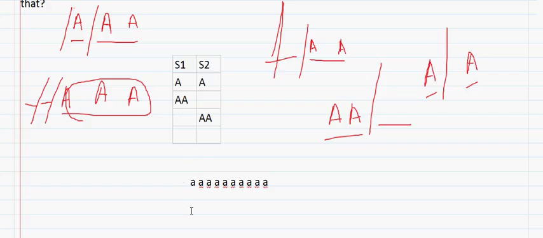So how many blinds do we need? We would need r minus 1 blinds, right? So let's denote blinds by x.